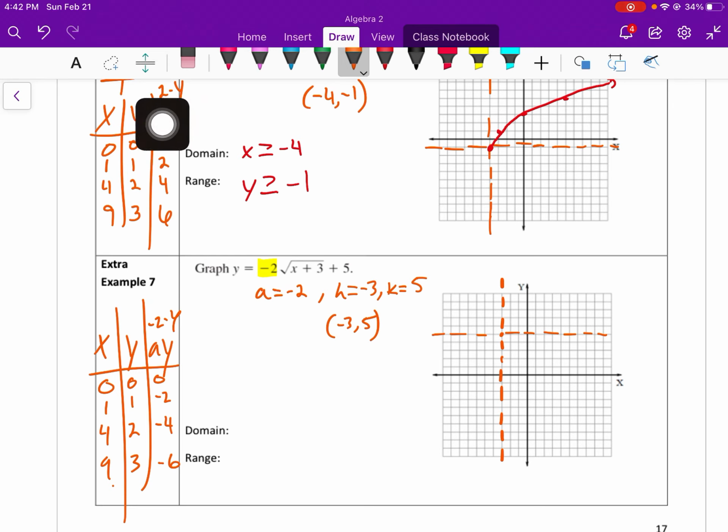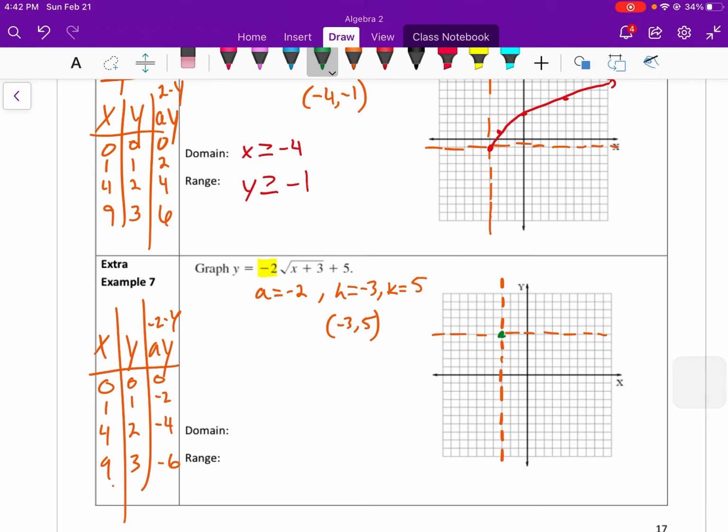So it's going to be opposite, because this was a positive 2 for A up here. So positive, these are now negative. So it's going to open down like this. Mirrors over the x-axis. So from our new origin, 0, 0, so that's the point right there.